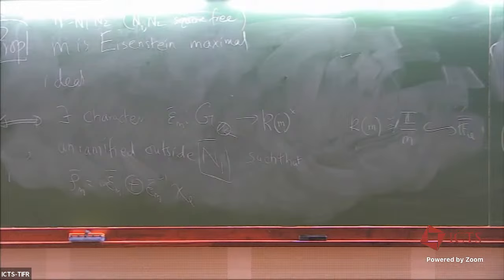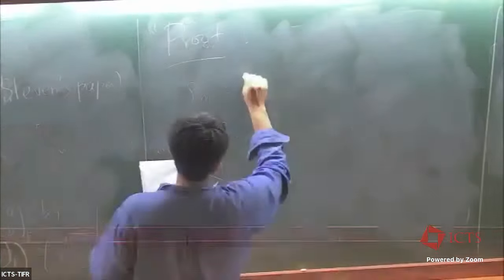Yeah. Okay, so I'll just say a few lines about the proof. Proof. So remember, we are assuming this rho M is alpha M bar.